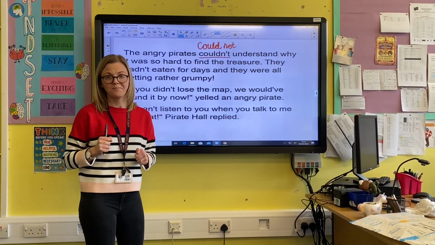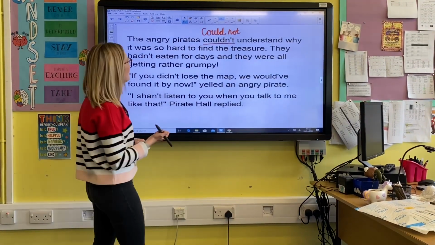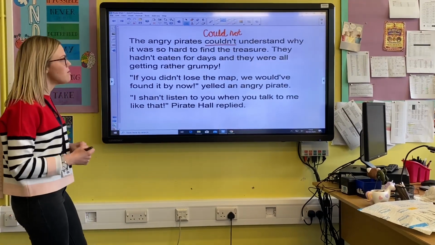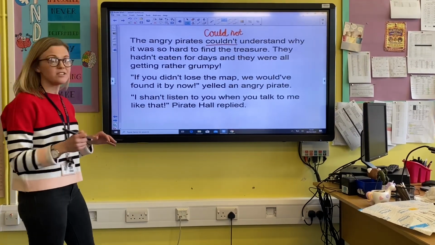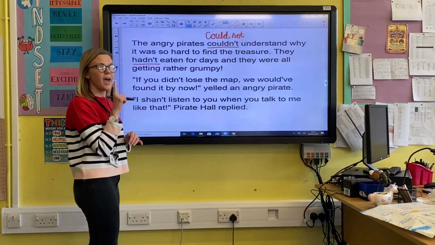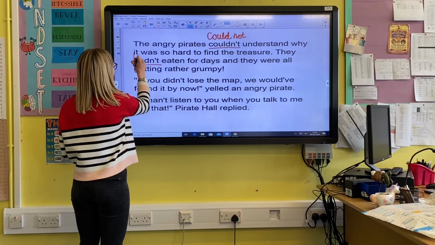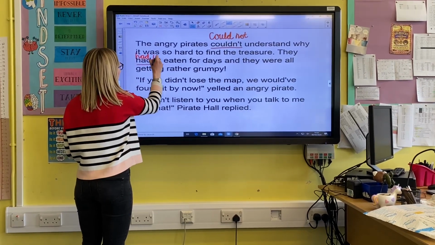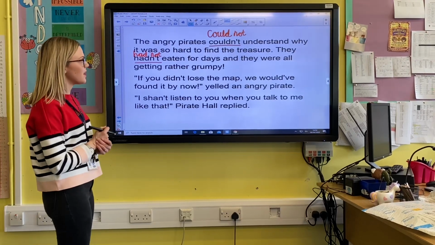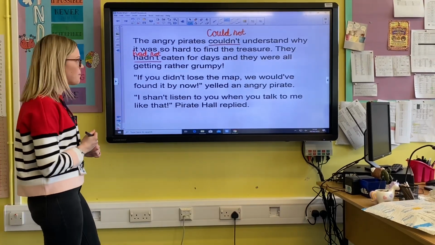Good luck. Okay, let's see how you got on. So, the angry pirates couldn't understand why it was so hard to find the treasure. They hadn't, underline it, hadn't, had not. They had not eaten for days and they were all getting rather grumpy.